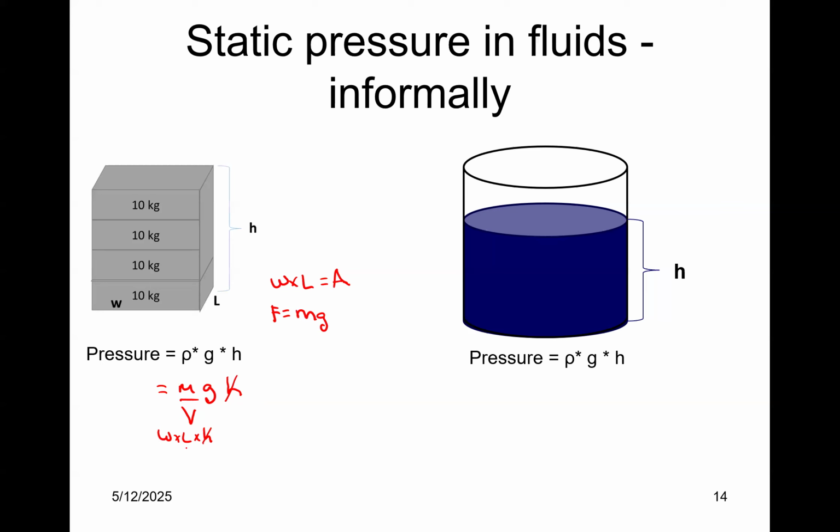You're going to say that the pressure at the bottom of this tank with a distance h would be rho, the density of that liquid, times g times the height of the liquid.